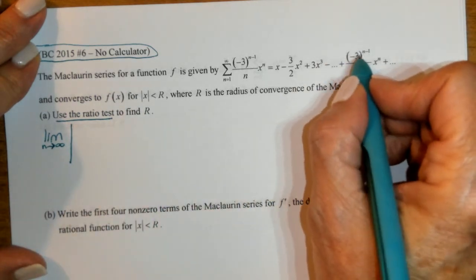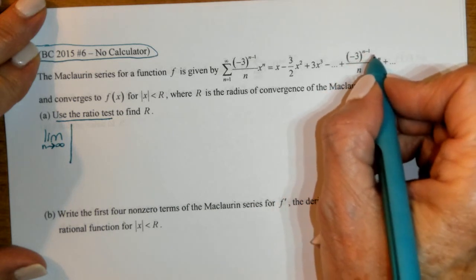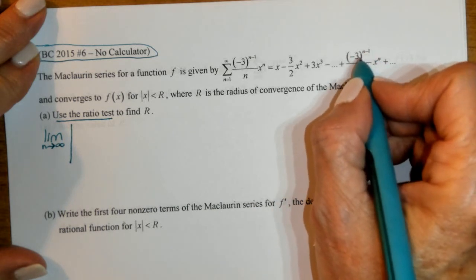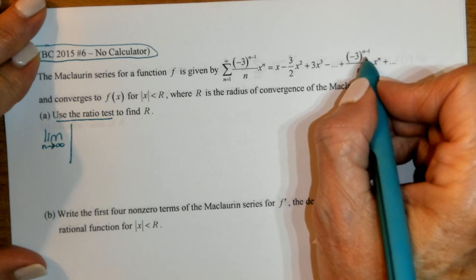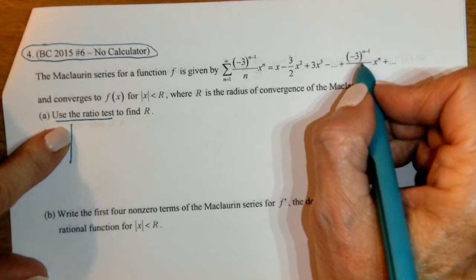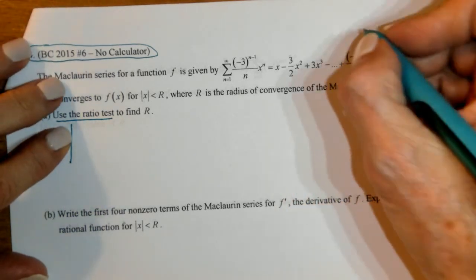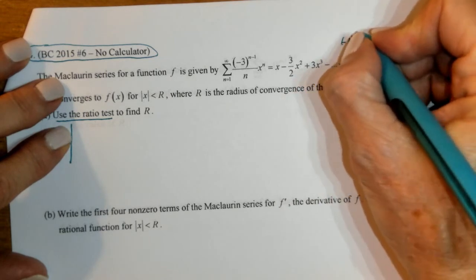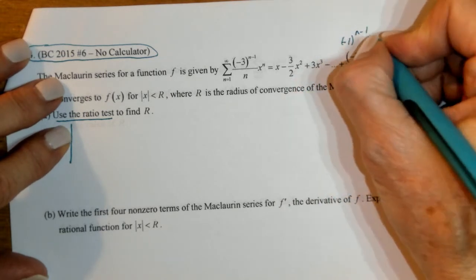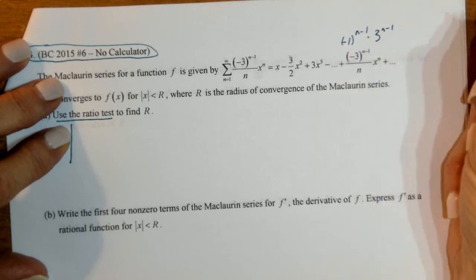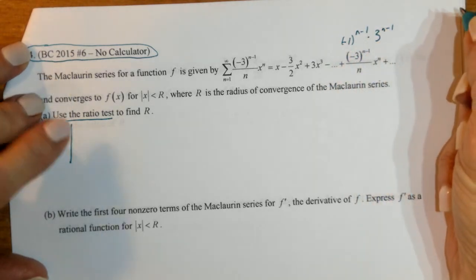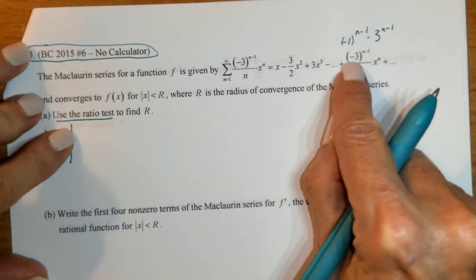So I'm going to have this -3 to the n minus 1, right? Now, since we're taking the absolute value, we could rewrite this as -1 to the n minus 1 times 3 to the n minus 1. Since we're taking the absolute value, I'm not going to write that negative.